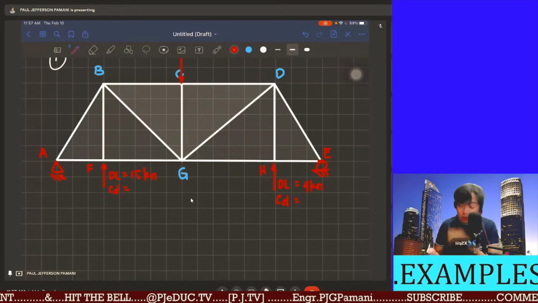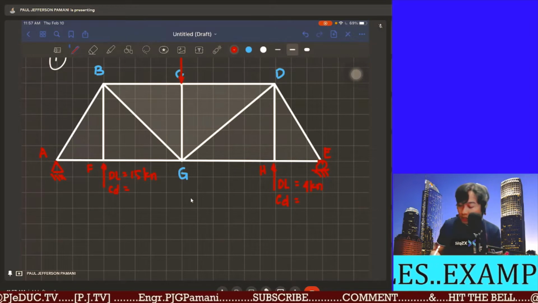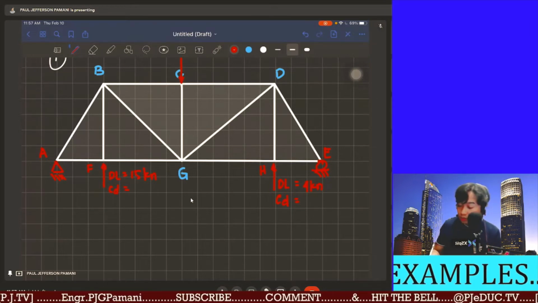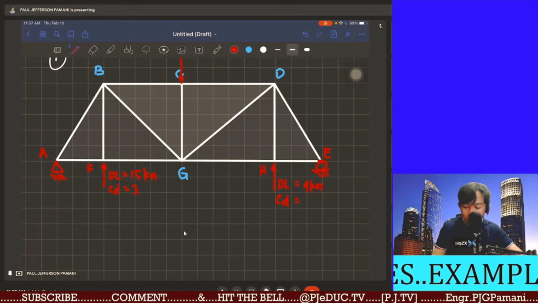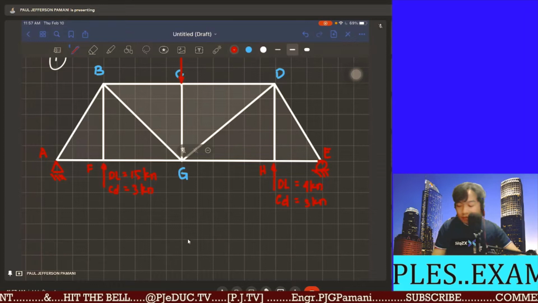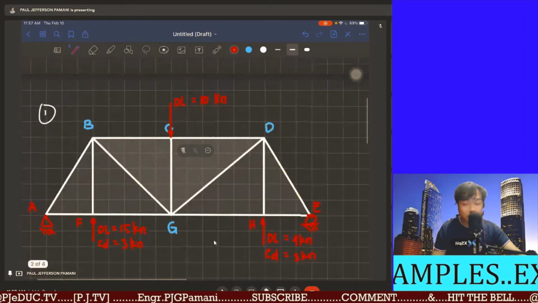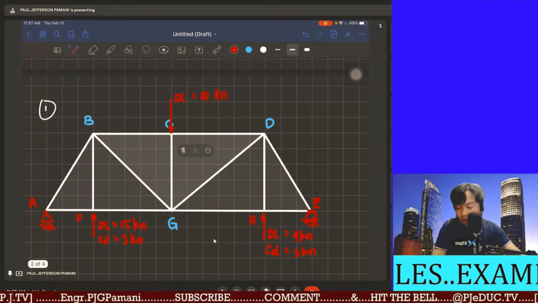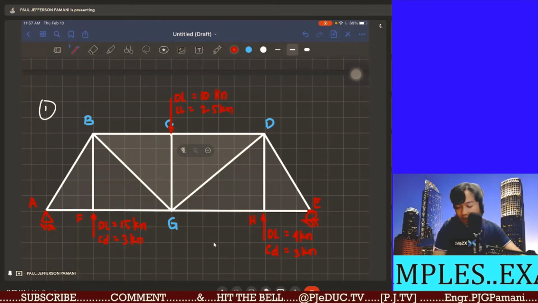Let's just say meron siyang tributary width na 5 by 6. So let's just say we have a 3 kilonewton ceiling load, tributary area. Then nagdagdag tayo ng live load kasi nga roof truss. So meron tayong live load dito na sabihin na natin 2.5 kilonewton.